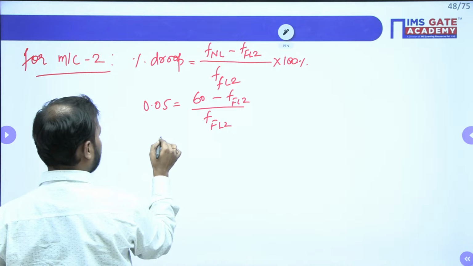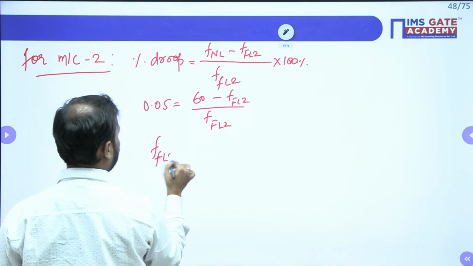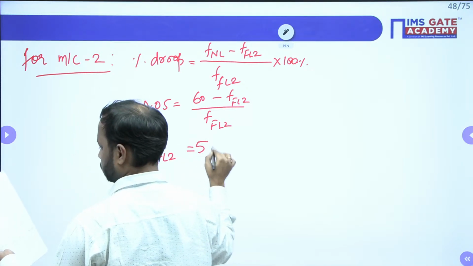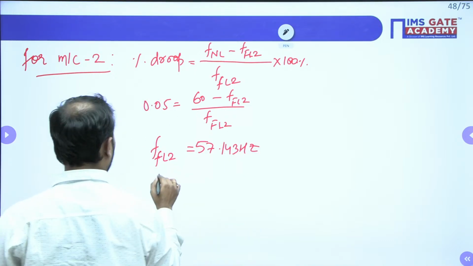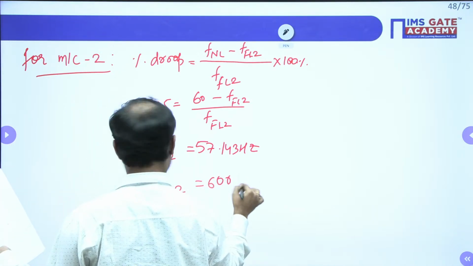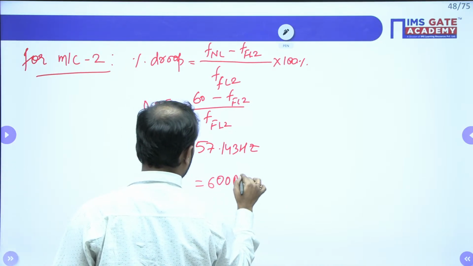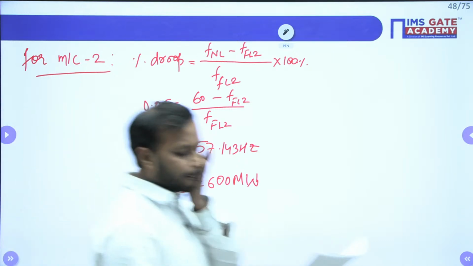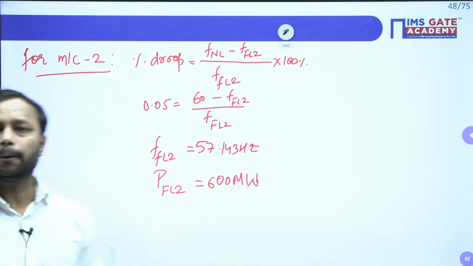So from here FL2 will equal, let me write the number directly, 57.143 Hertz, and PFL2 is given as 600 megawatt. Done? Clear? Clear everybody?